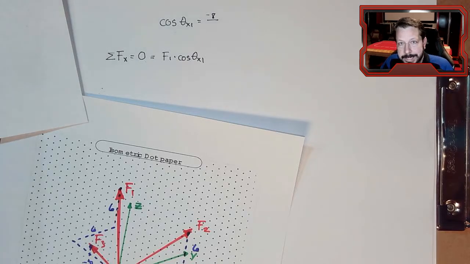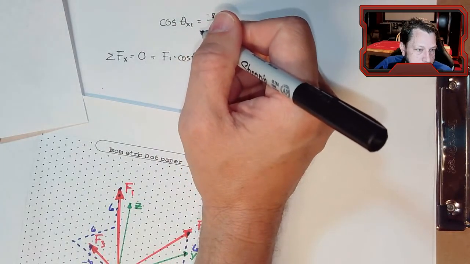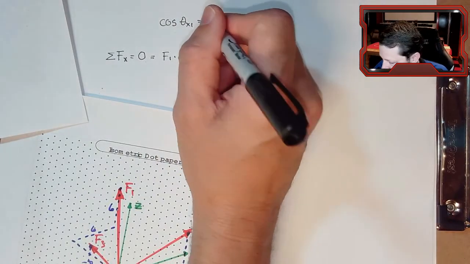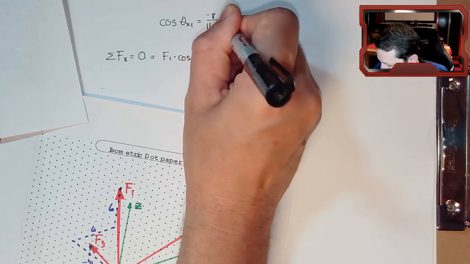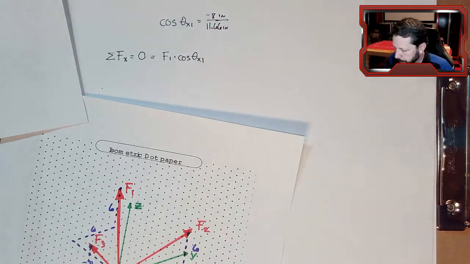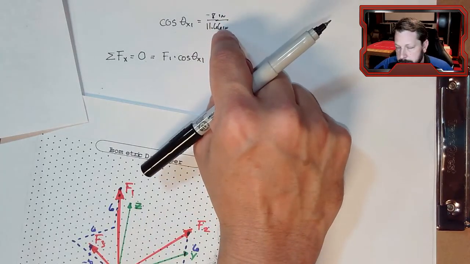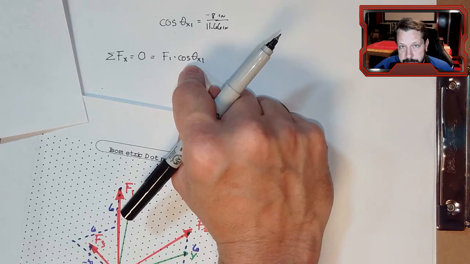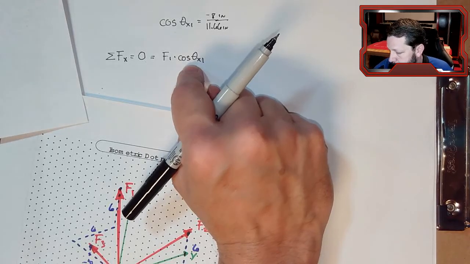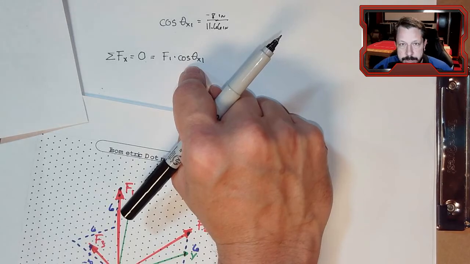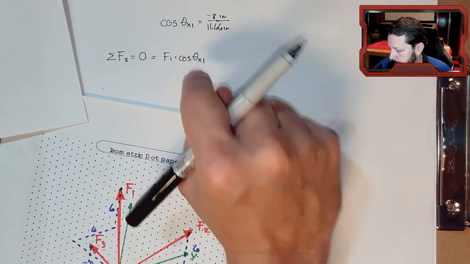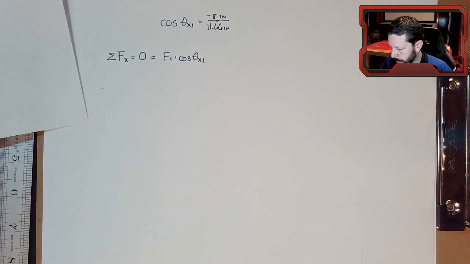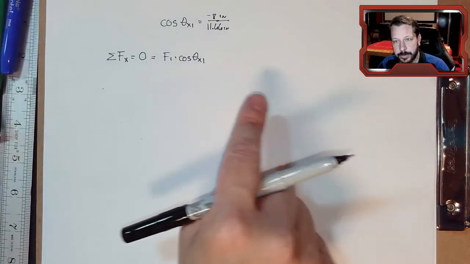I don't know the magnitude of the force, but I know the length of the cable, which is L1, which, looking at my MathCAD, is 11.66. So I actually have numbers that I can put into this expression, and it can just be a coefficient at that point. I'm going to write them all as the expression, and we'll let MathCAD deal with the numbers in a minute. So let's finish writing our generic form of our equation.